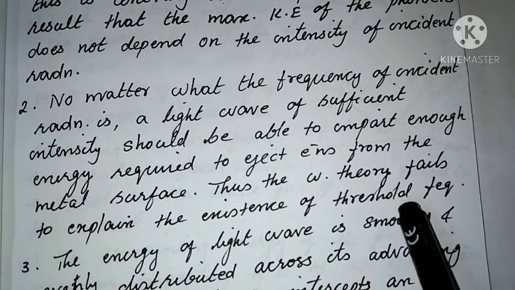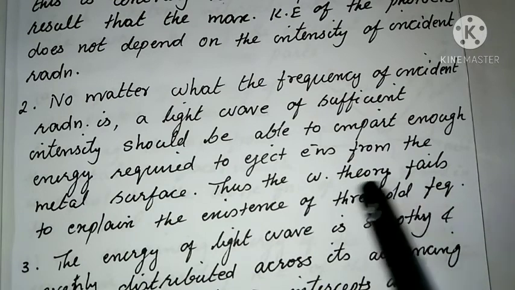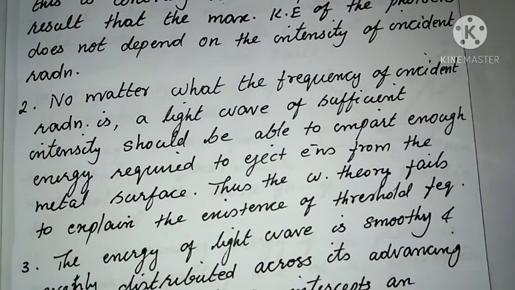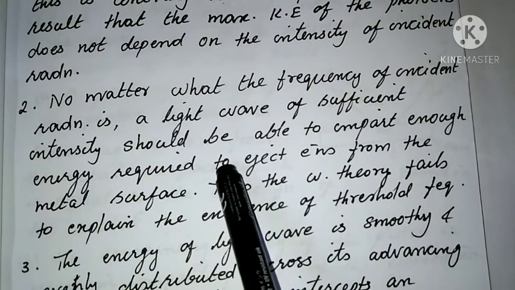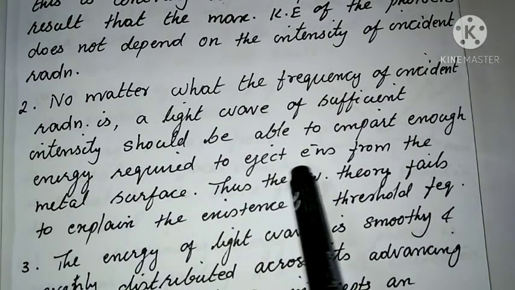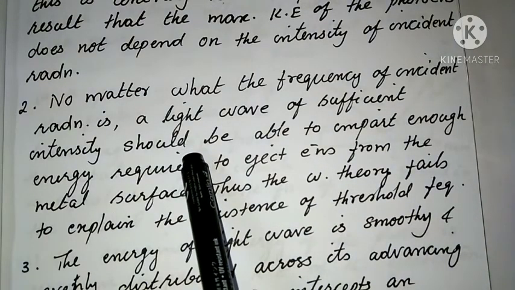According to the photoelectric effect, the kinetic energy of the ejected electrons depends only on the frequency. Below a minimum frequency, that is the threshold frequency, photoelectrons are not emitted. But according to the wave theory, the energy required to eject the electrons depends only on the intensity of the incident radiation.